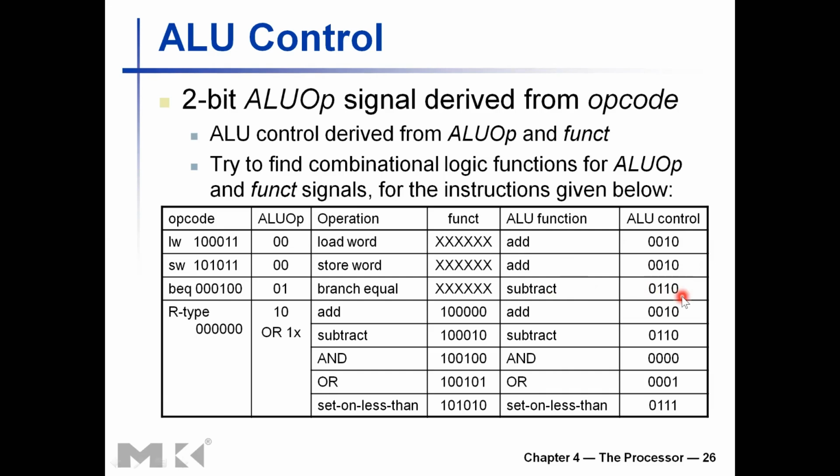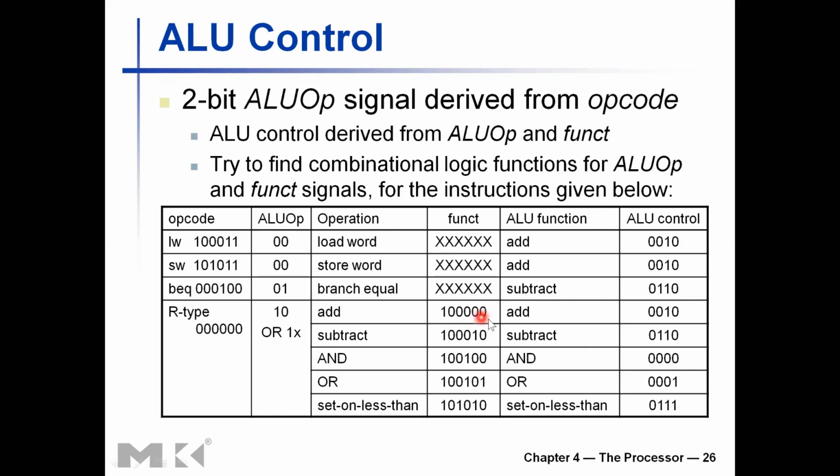So we are just listing different control signals for different opcodes here. If you take R-type instructions, the opcode is 0, and the ALU function is decided by the funct field. We don't really care about the funct field for load word, store word, and branch if equal because they don't have a funct field. In R-type instructions, the funct field defines the ALU function.